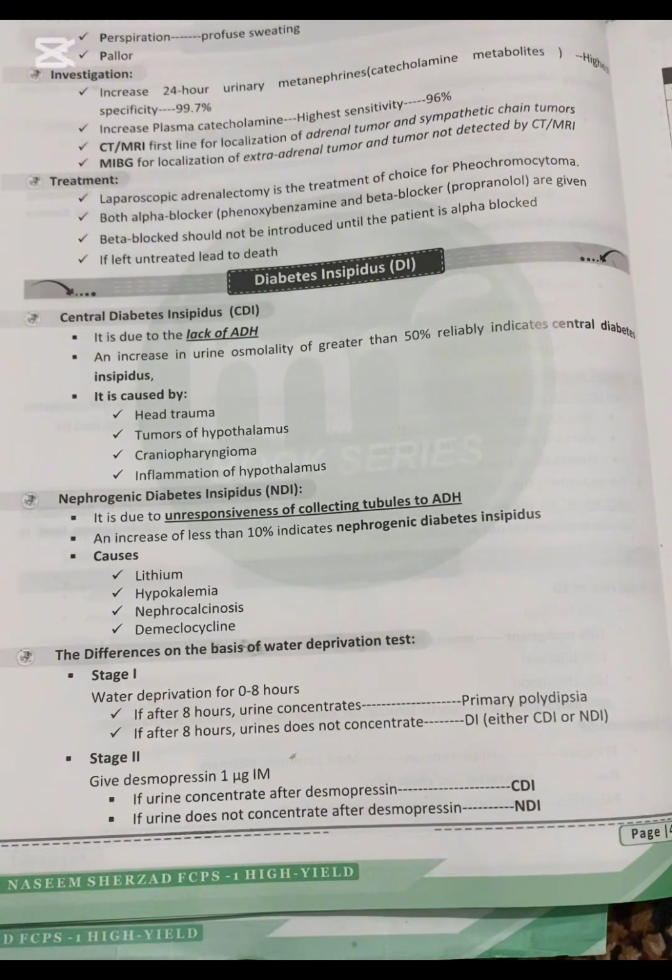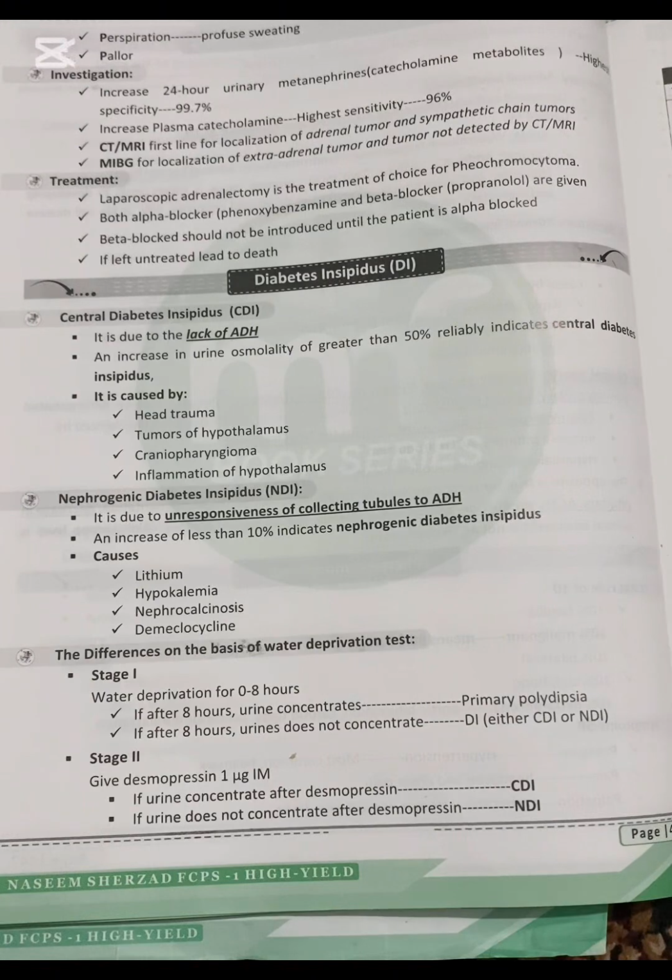But before going for the surgical procedure, you need to start the patient on an alpha blocker 2 weeks before the procedure. And as the alpha blocker, you can give phenoxybenzamine, 10 milligram BD for 2 weeks. And then we will go for propranolol, a beta blocker, which is given in order to prevent the reflex tachycardia caused by the alpha blocker, right?